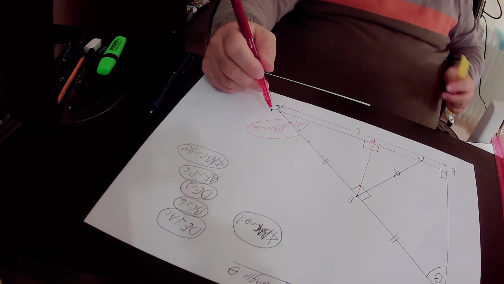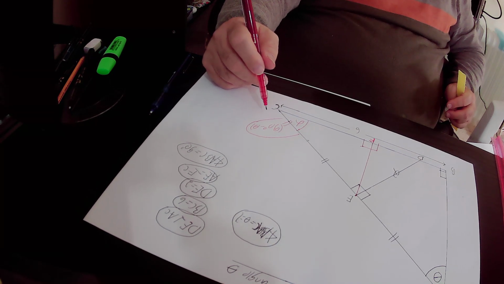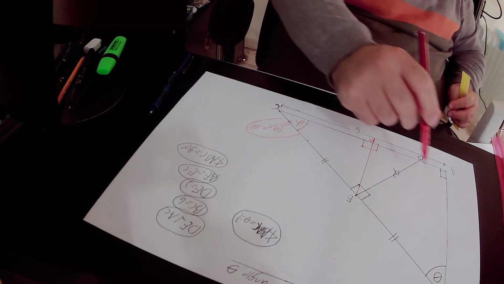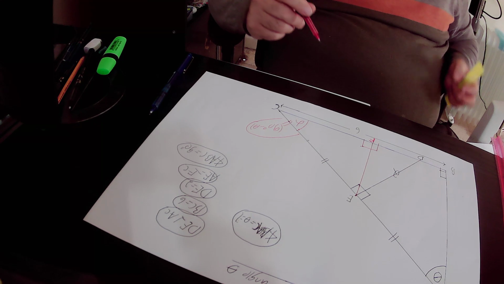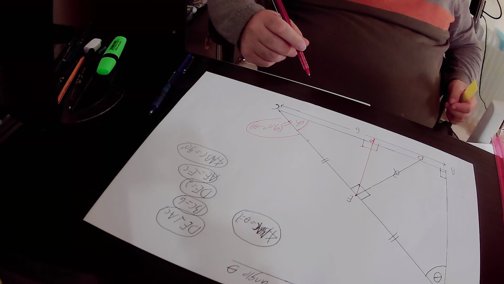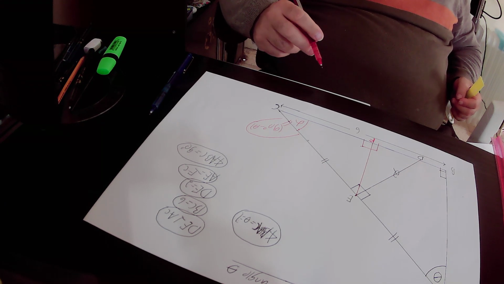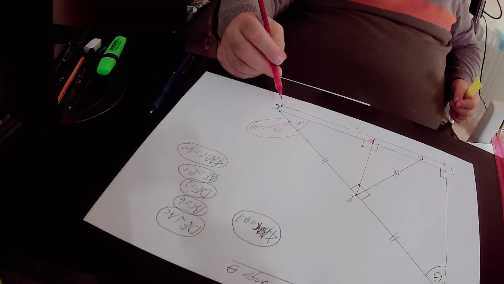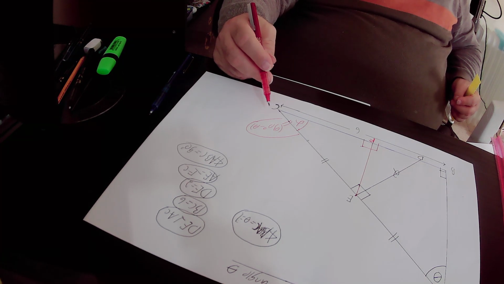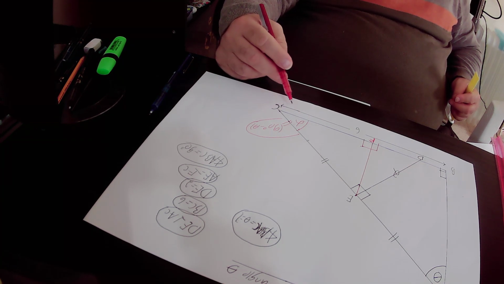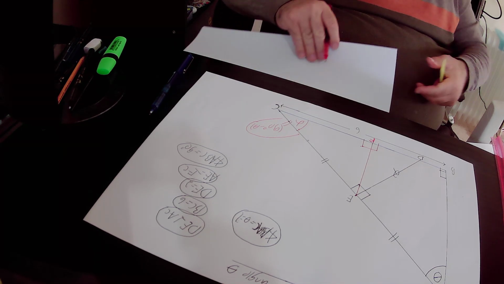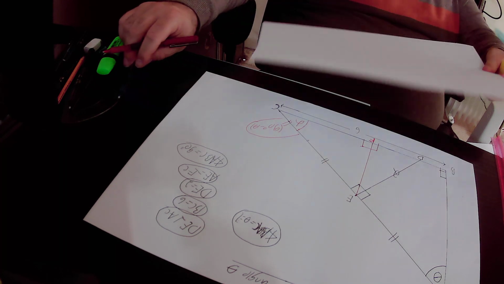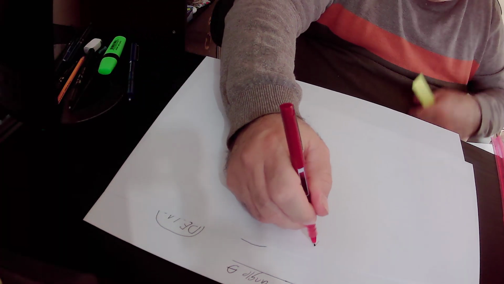Why? Because 90 degrees minus theta plus theta is 90 degrees, and 90 degrees plus 90 degrees is 180 degrees. So from one side this angle equals alpha, from the other side it is equal to 90 degrees minus theta. So we can derive from it that alpha equals 90 degrees minus theta.